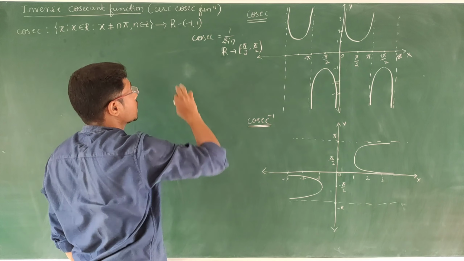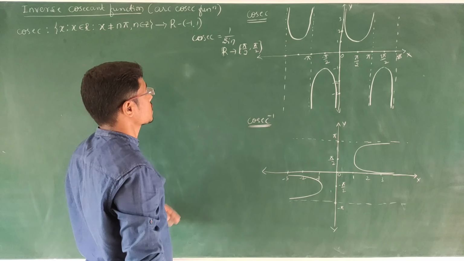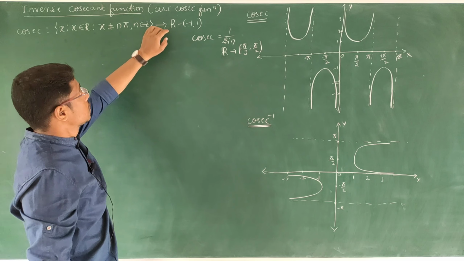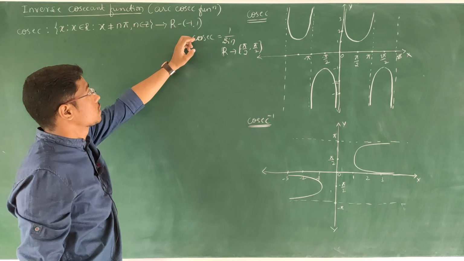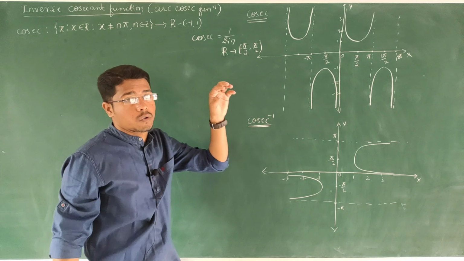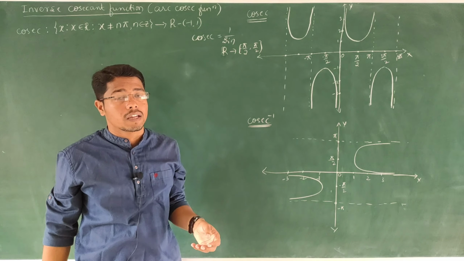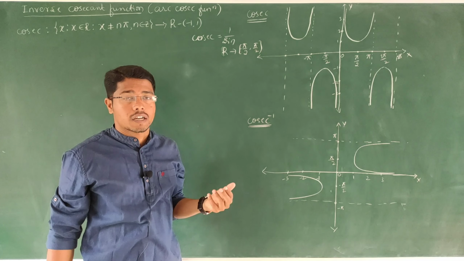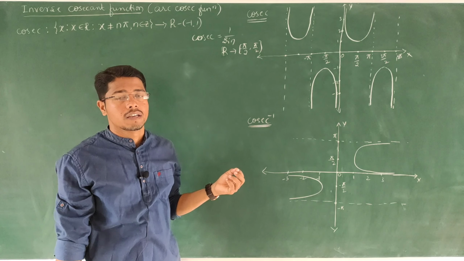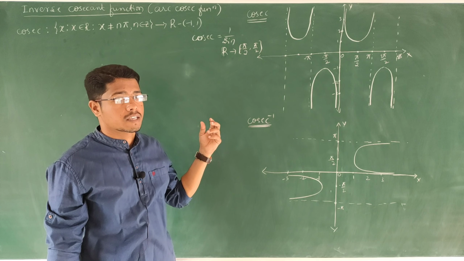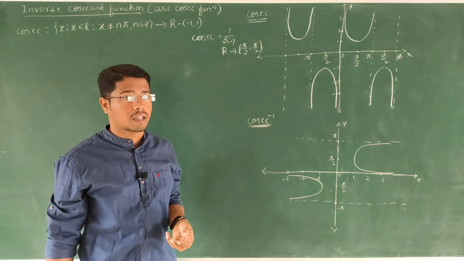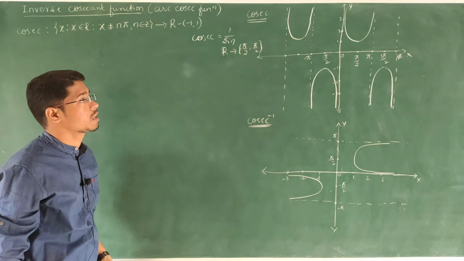So cosec x assumes all the values of the set of real numbers except minus 1 comma 1, and it is not defined at x equal to n pi, that is, not defined at multiples of pi.